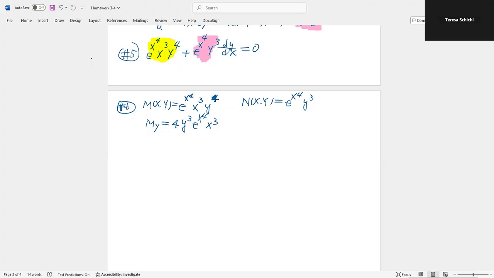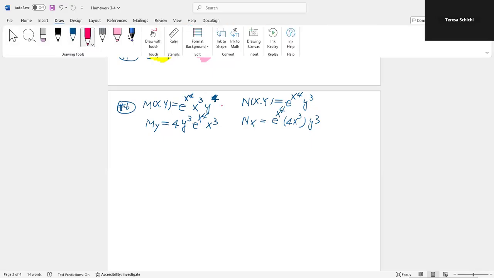Then for this one here, I need to do the partial derivative for x. If I take the partial derivative for x, y is a constant. So e to the x fourth will be itself, the exponential, then times the chain rule, so it's 4x cubed, and we still have y cubed. Now you compare these two.